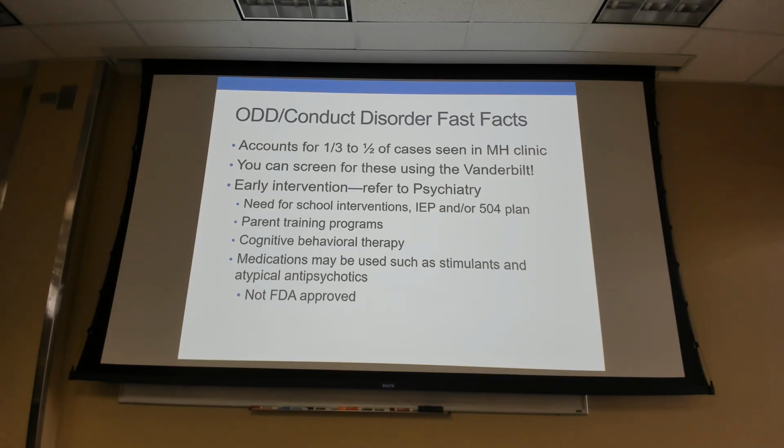So this is going to account for 1 in 3 of all of their cases after you screened with the Vanderbilt, and they are going to then work with those families for the appropriate treatment. So ODD, conduct disorder, outside the realm of a primary care PA. Autism, ADHD, inside the realm of a primary care PA, unless something is arising that's outside of that.